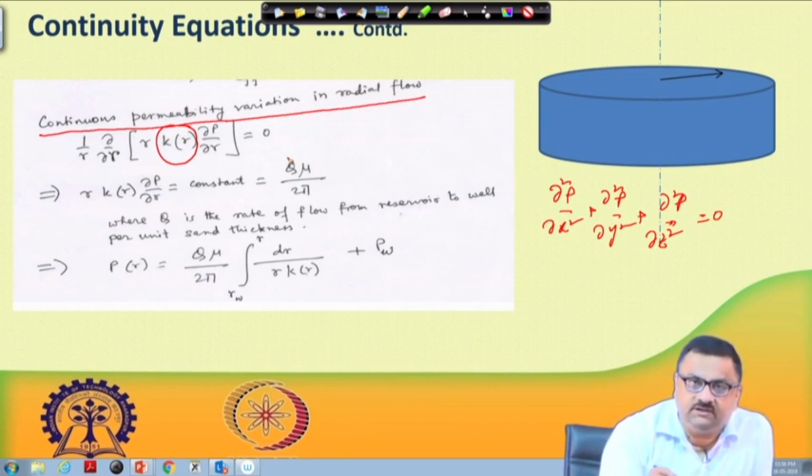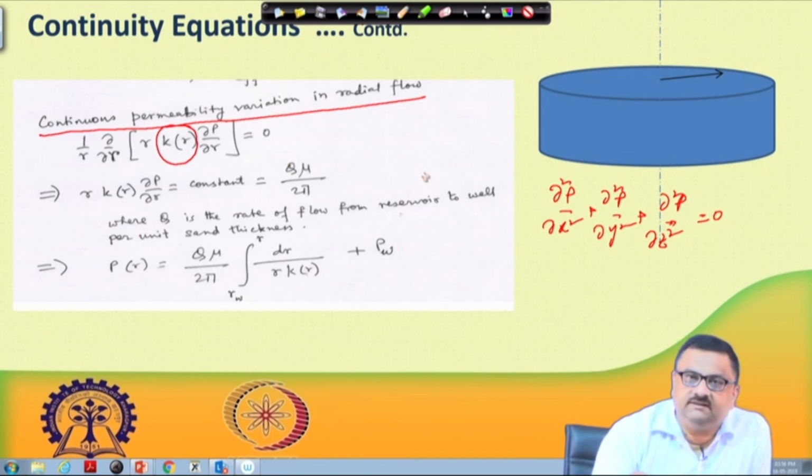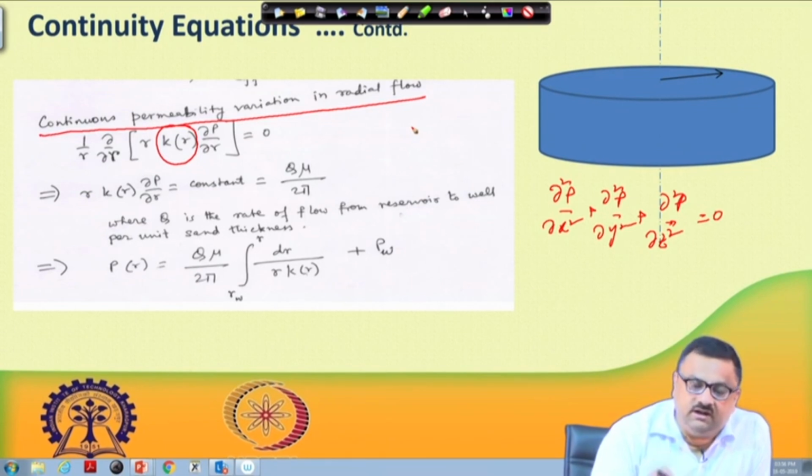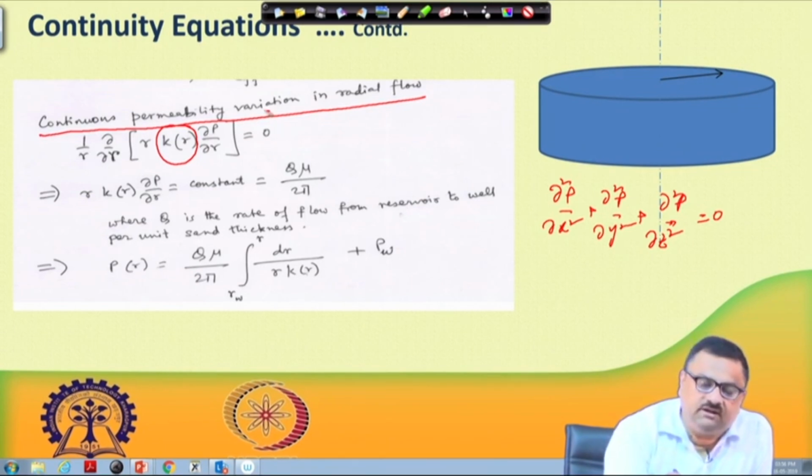But we ignored the theta term for a truly radial flow, and we said there is no variation in the z direction. So we had those assumptions, working with a 2-dimensional radial flow, and this was the governing equation.